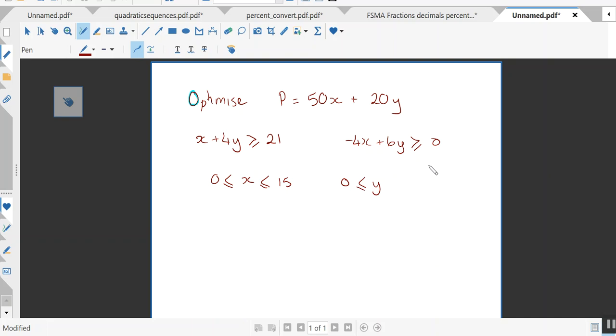Okay, actually, the first two I said wrong. The first two and the third should be that way round. And the fourth one, y should be less than 0. Okay.